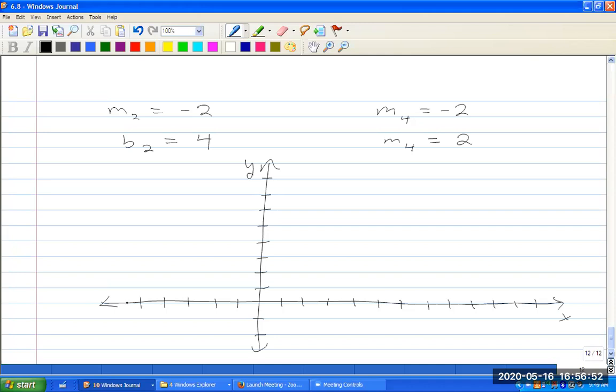They all have negative slopes. Okay, so I'll just draw this one first. So 1, 2, and I have a slope of -2. So over 1, down 2. Okay, so that'll be this one.